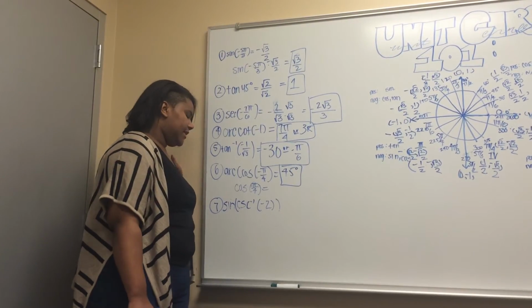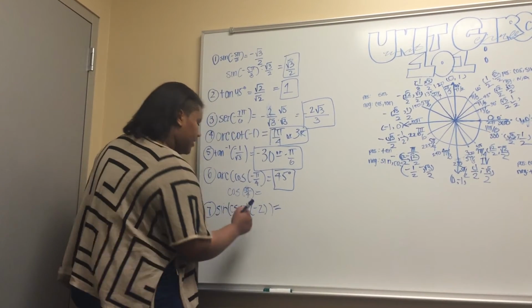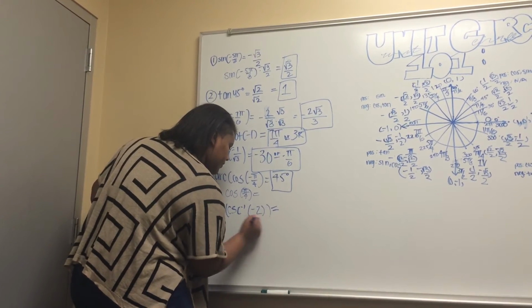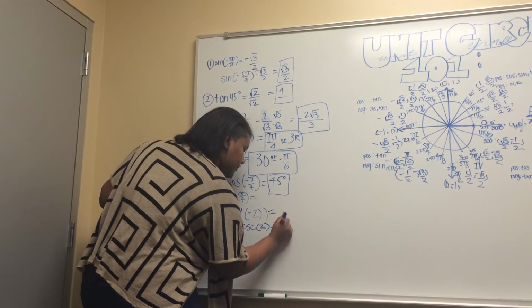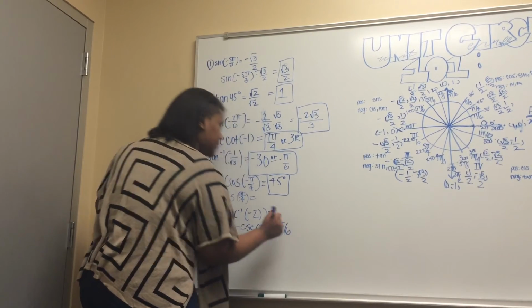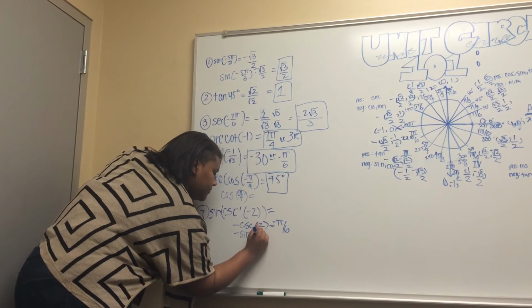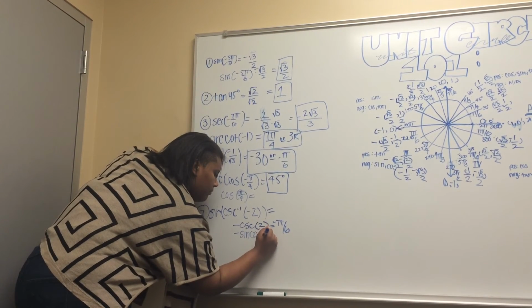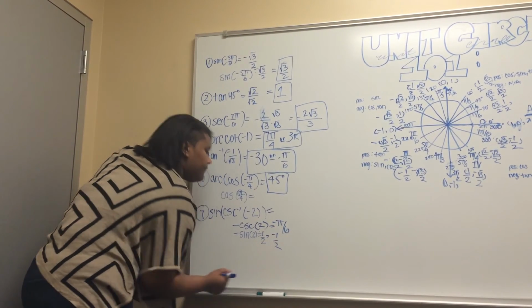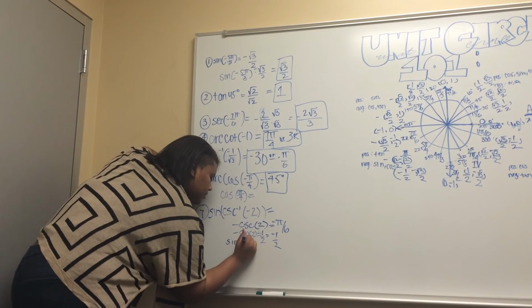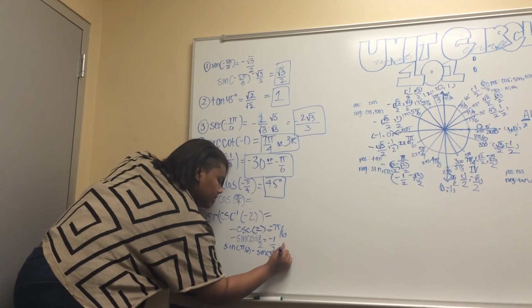7 is sine times cosecant inverse times negative 2, and I did the odd even identity, so it will make cosecant negative times 2, which would be negative pi over 6, and then it would also make sine negative, which would be 1/2, and that would equal negative 1/2, because it would be sine of pi over 6.